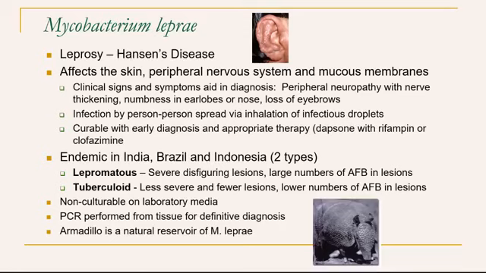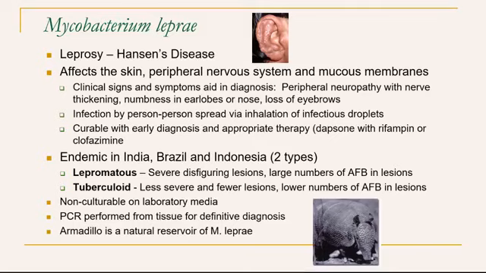Mycobacterium leprae. This is the cause of leprosy or Hansen's disease. This affects the skin, peripheral nervous system, and mucous membranes. The clinical signs and symptoms can help you aid in the diagnosis of this infection.